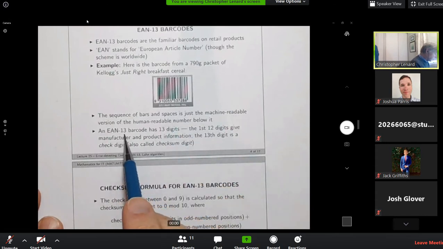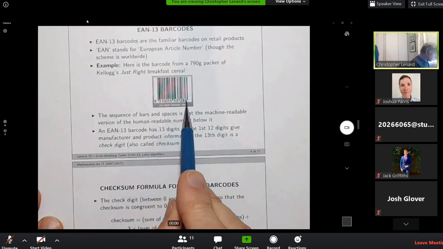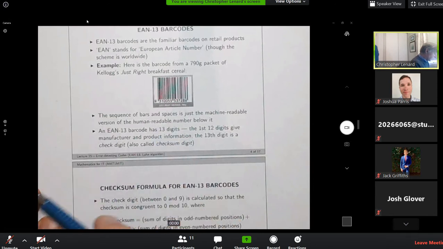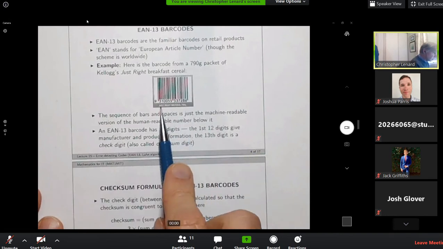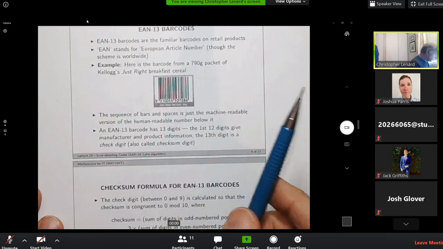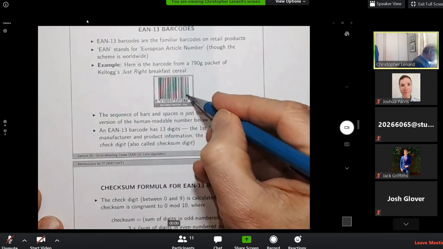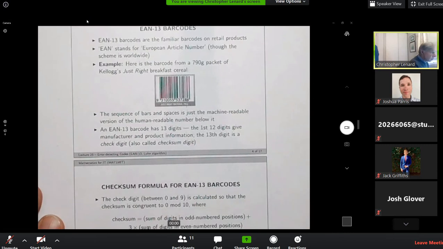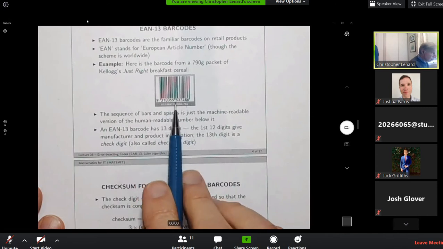EAN, 13-digit barcode, so 1, 2, 3, all the way up to 13 digits. There's information encoded, notice I said encoded, in this. So the first 12, so up to there, the first 12 digits tell us about the country, the manufacturer, and something about the product.